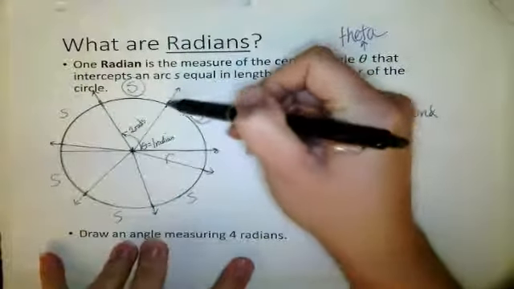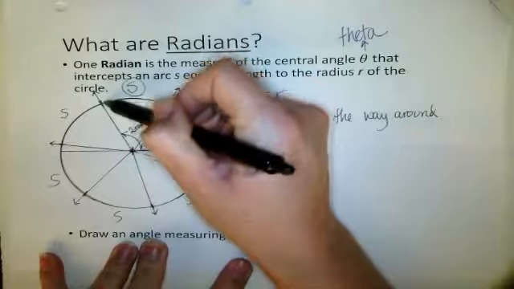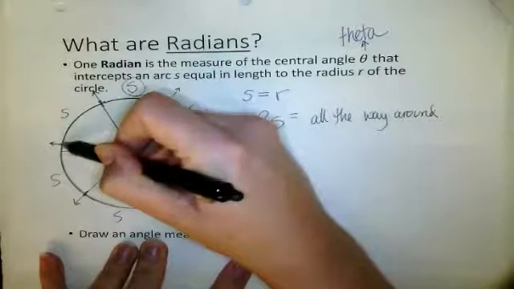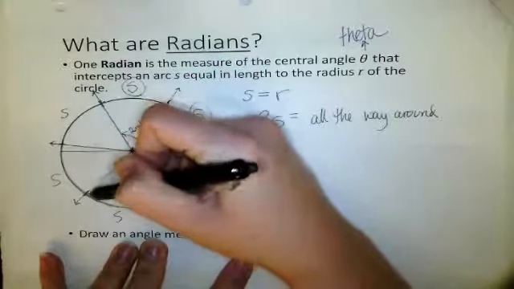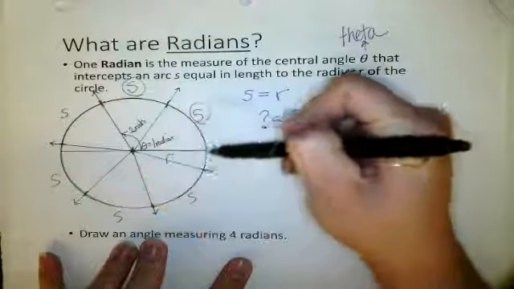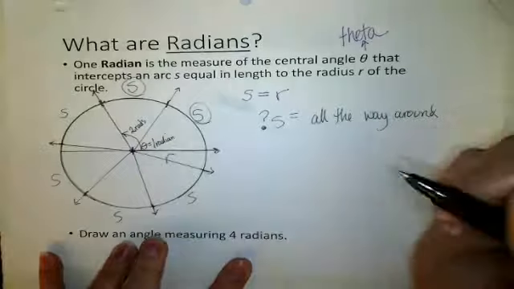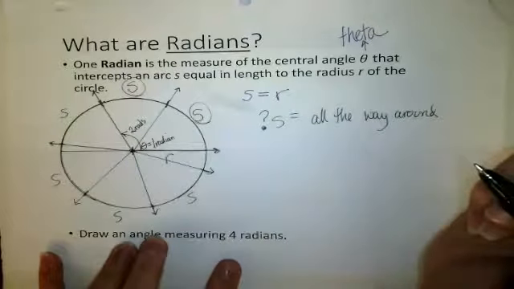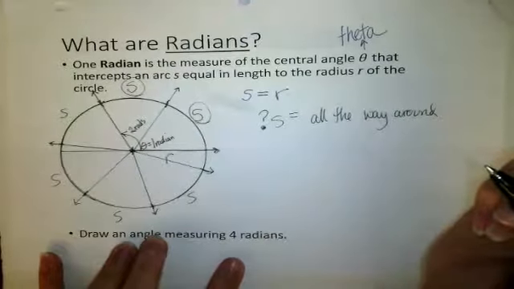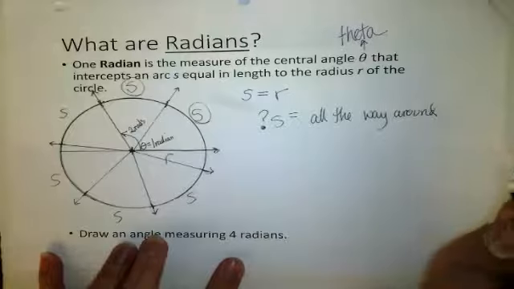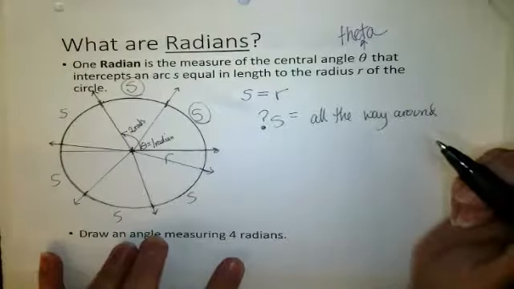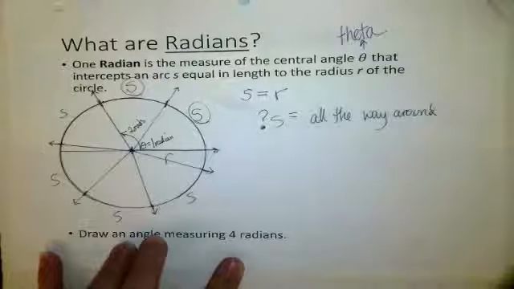The S length is all the way around the circle. And we want to go all the way around. All the way around is a measure of... No, how long is it? What is its length? Circumference.